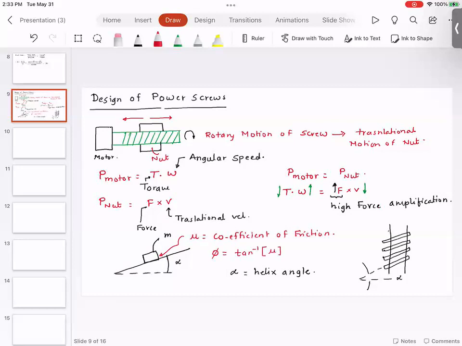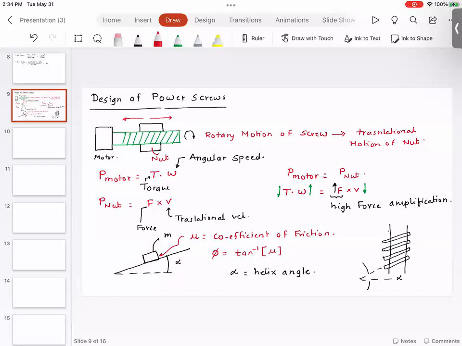Now, I want to show you a very practical example that demonstrates what we mean by friction angle. I want you to visualize that we have this flat surface, and on this flat surface, we have this mass.